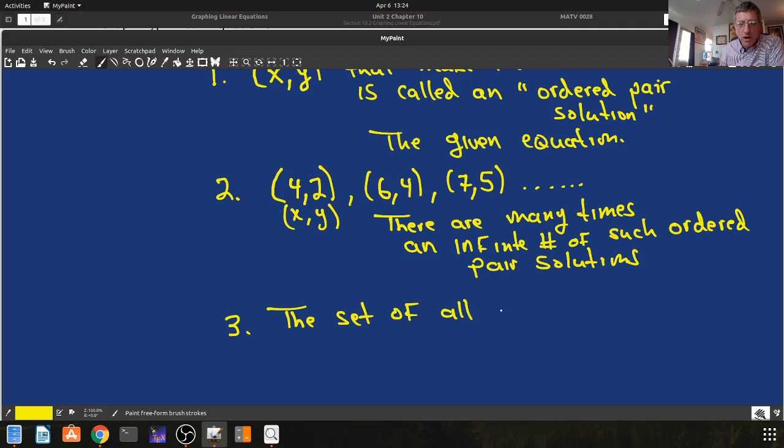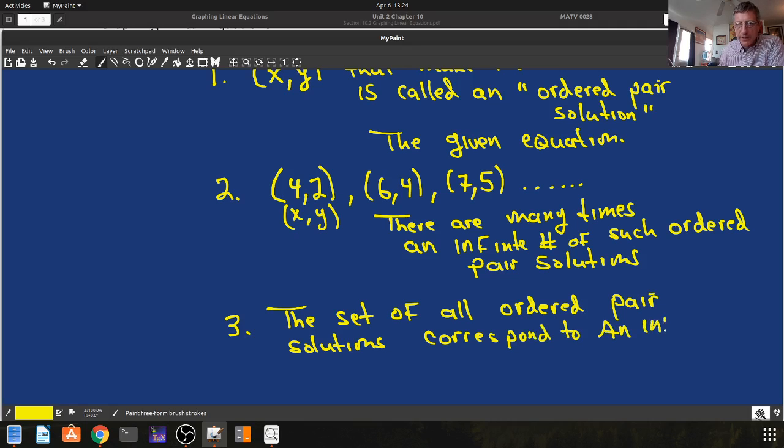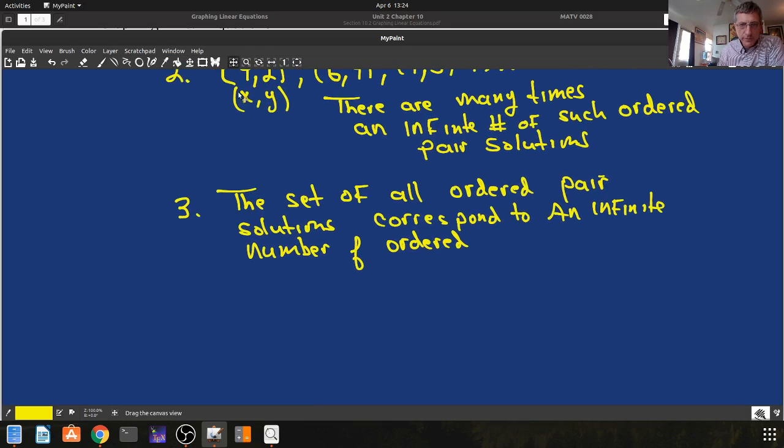The set of all ordered pair solutions corresponds to an infinite number of ordered pairs, clearly. I'm going to give you a graphical example of this in just a second. These are just the concepts.